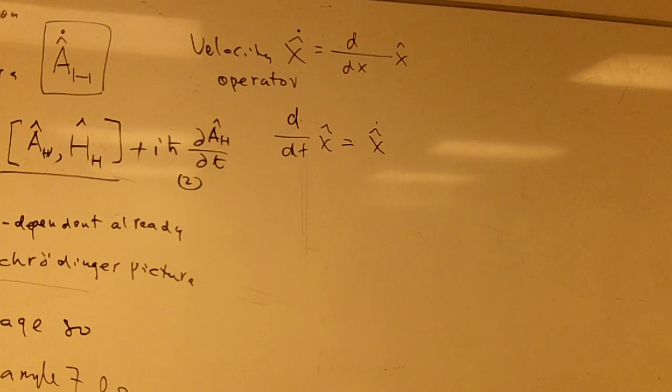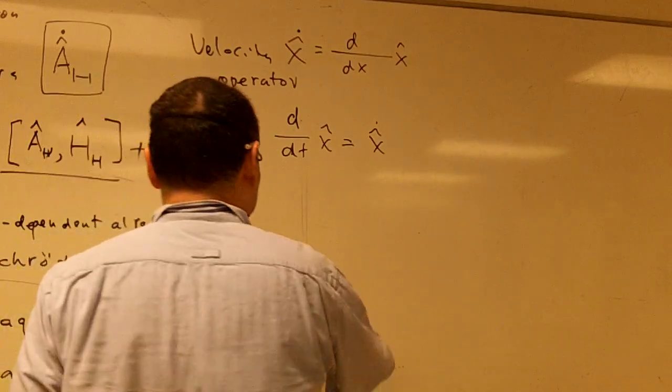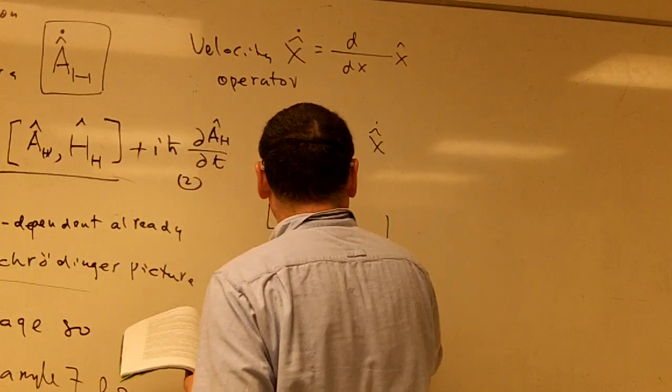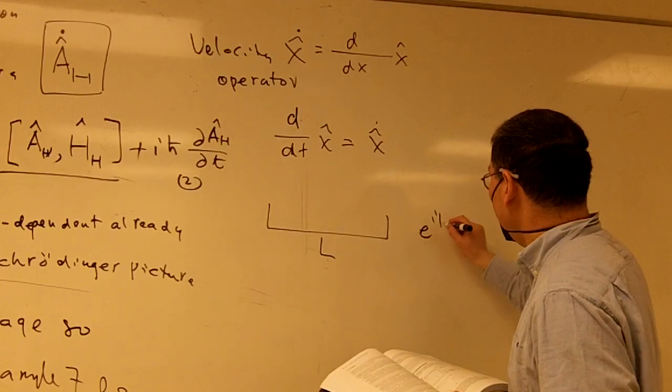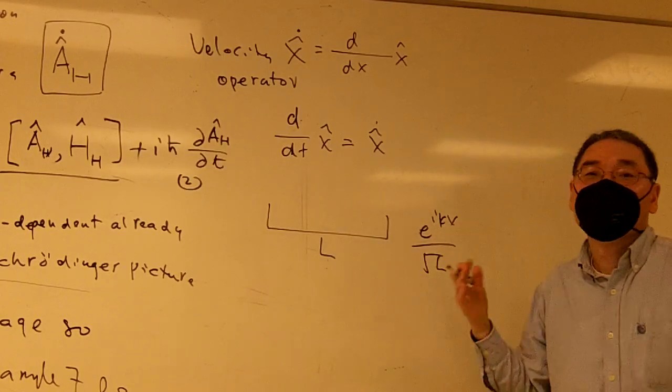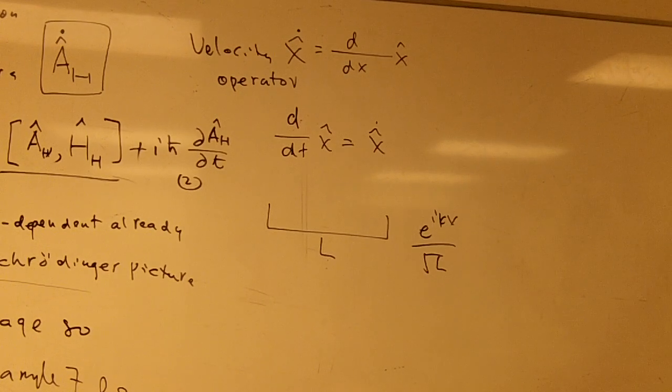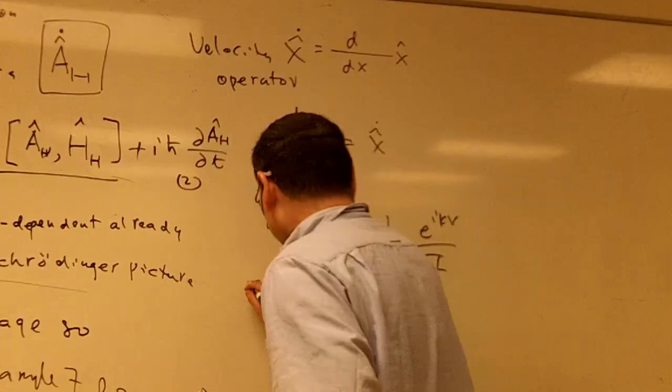Yes, and that's with the box length. The box length L. So this just assumes that if you seal a plane wave in a box of length L, then your wave function has to be e to the ikx over square root L. In other words, the operator itself does not give you an expectation value, because you need a wave function to get an expectation value. But this operator is so beautiful in such a way that it shows the physics really well. Any other questions? Cody, no more questions? Okay. Now I have a question for you.